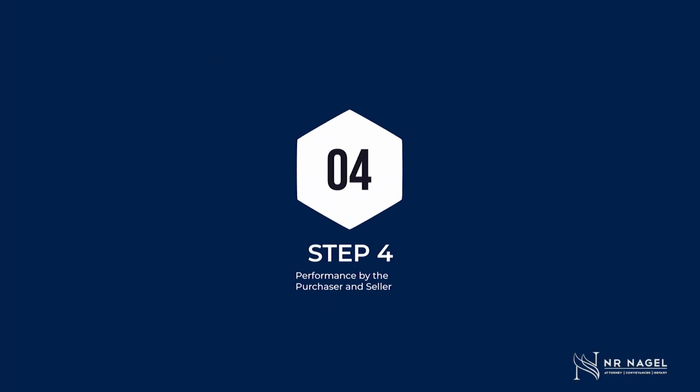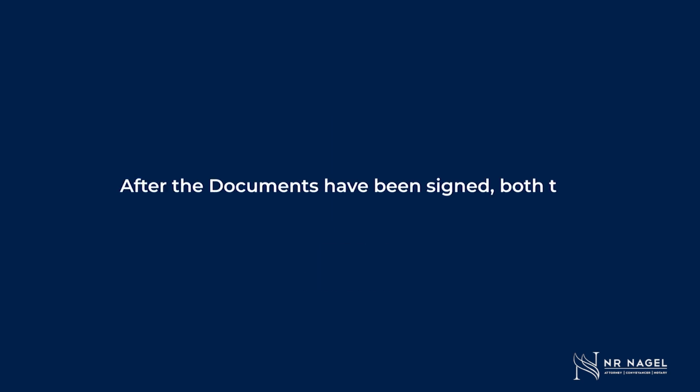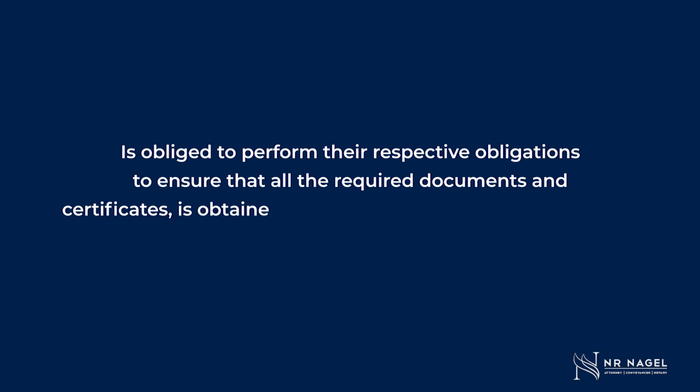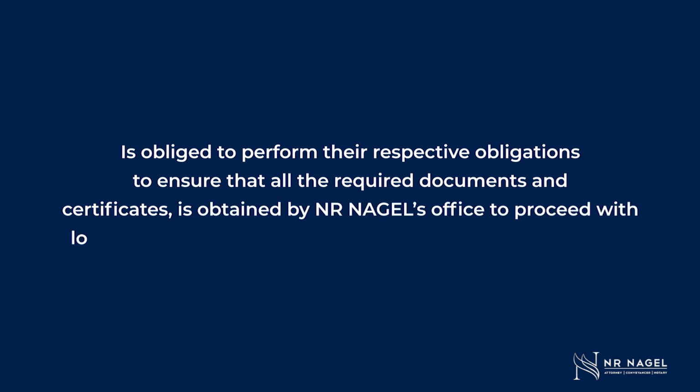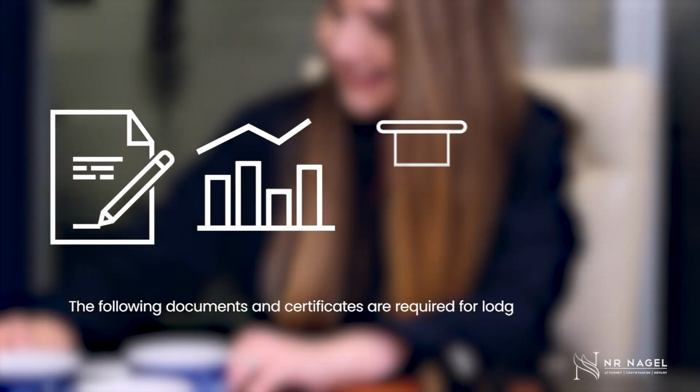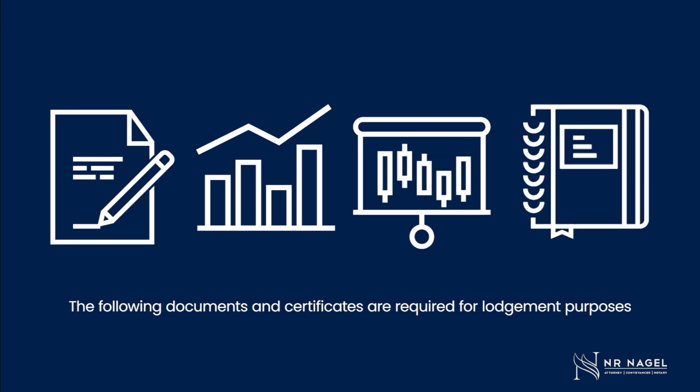Step 4, performance by the purchasers and sellers. After the documents have been signed, both the seller and purchaser is obliged to perform their respective obligations to ensure that all the required documents and certificates is obtained by our office to proceed with lodging the documents for registration at the deeds office. The following documents and certificates are required for lodgement purposes.